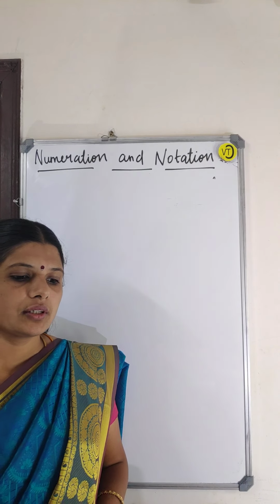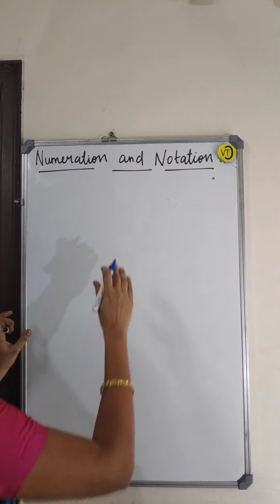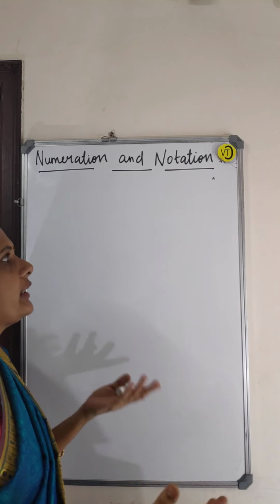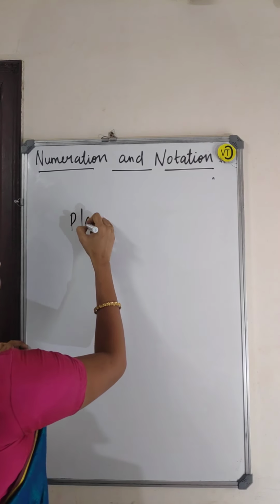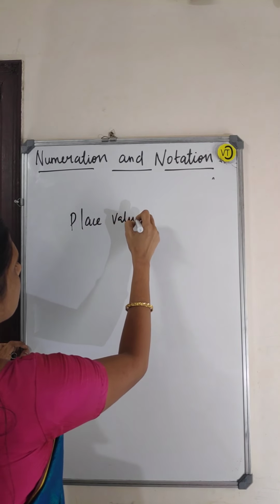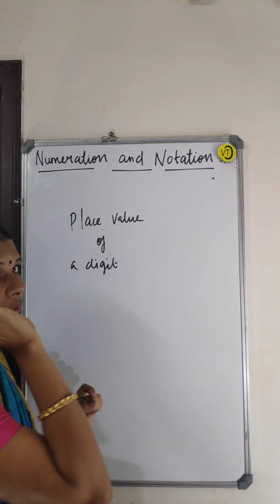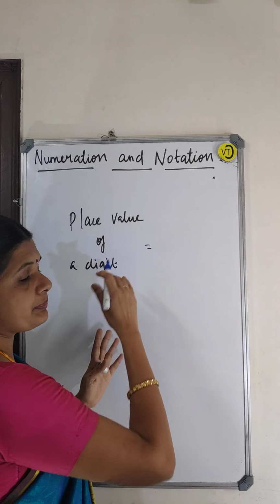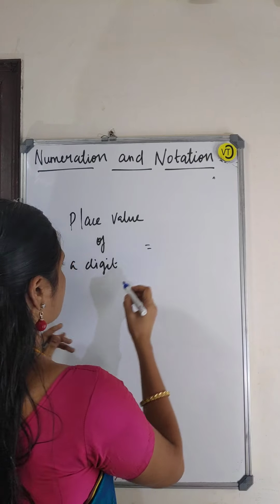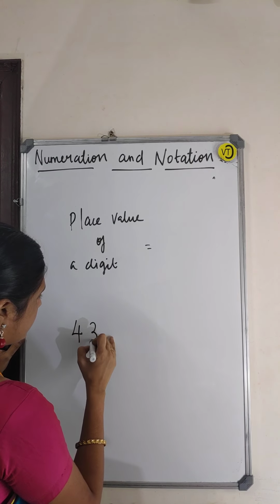The next is place value of a digit. Already we discussed, again I am telling you. How can you find the place value of a digit? I told you in the expanded form, right?